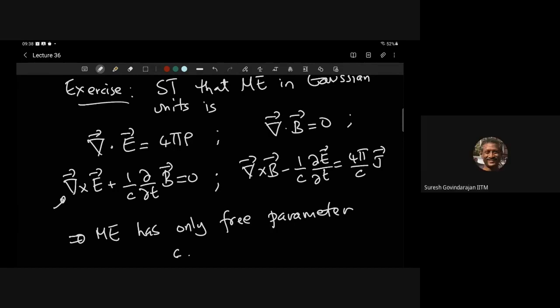Yes, sir. Okay, and it's important to realize that Maxwell's equation doesn't tell you what the value of C is, and it is not even relevant if you think about it. All that is relevant in this story is that C is some non-zero number, because it can be large in some units, it can be small in some other units, right?